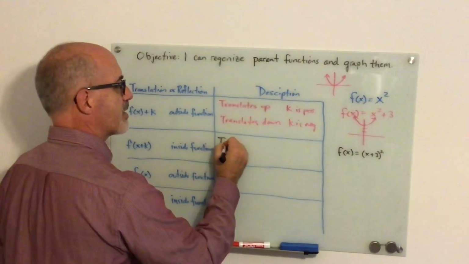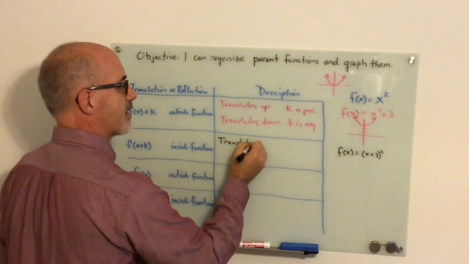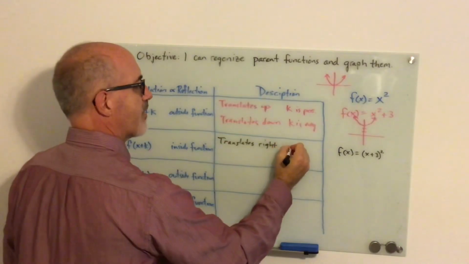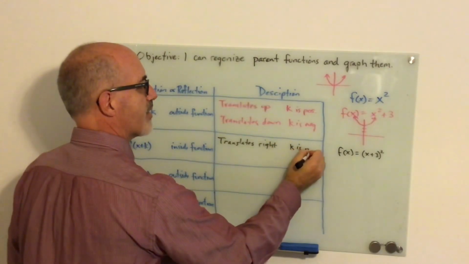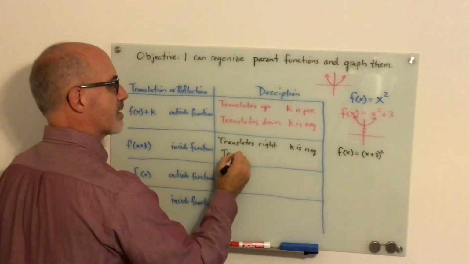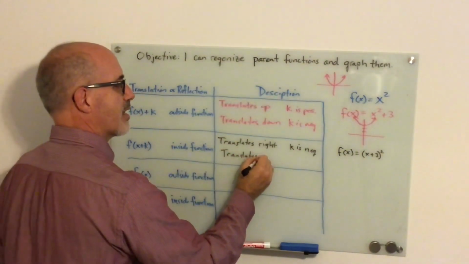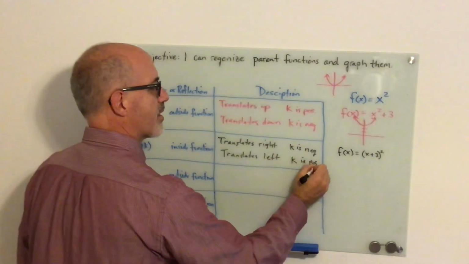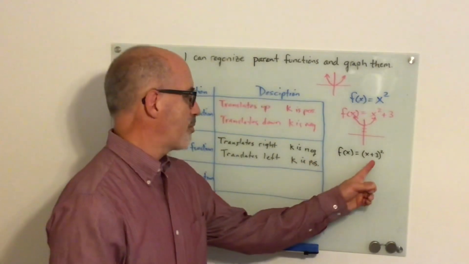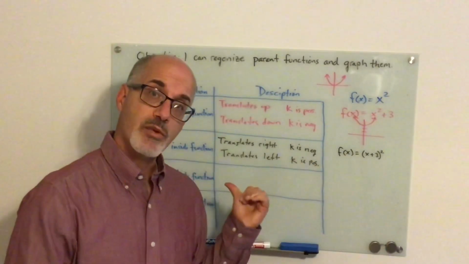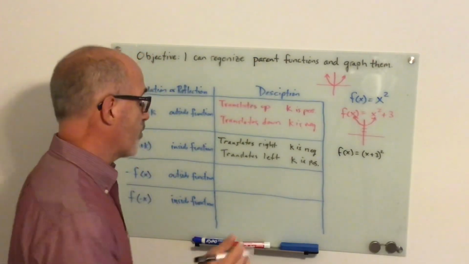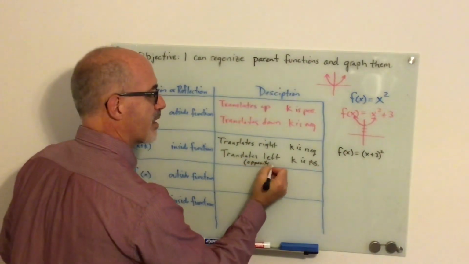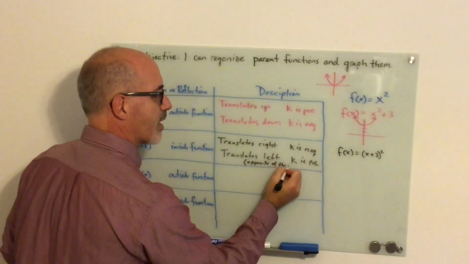It translates it right if k is negative, and it translates it left if k is positive. So this one, because k is positive, is going to move it a negative 3 units over. It's the opposite of what you expect. So I'll put that down here: opposite of the number.